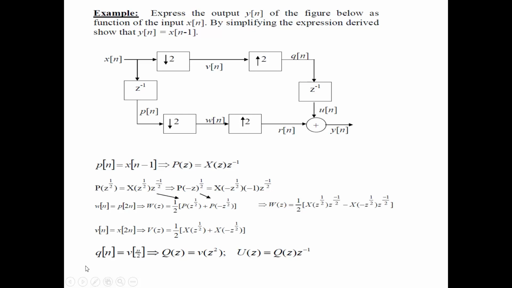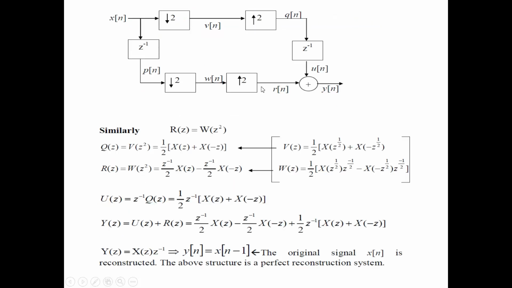Once it is upsampling by a factor of 2, q[n] is equal to v[n/2]. We take the z transform, we know that we've already done it. Q(z) is equal to V(z squared). And what is U(z)? U(z) is only this delayed version of q[n]. So that means U(z) is equal to Q(z) z to the power minus 1.